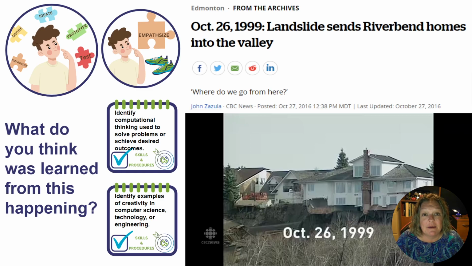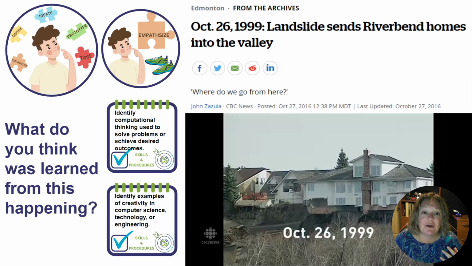And then we can maybe do some research and investigation into what types of designs, how have engineers figured out how to build homes or structures in a way that they will be able to stay standing when the land changes? And do we still build in those kinds of places now that we know that these kinds of land changes are going to happen over time?